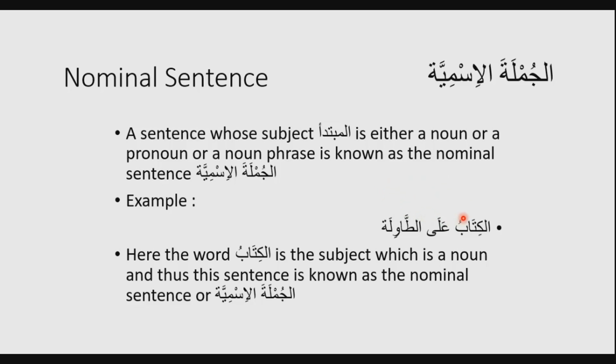So we understand better with an example. Al-kitabu tawila. So here the word al-kitab is the first word. This is the subject, because the subject is the first part of the sentence. So the subject over here is al-kitab, and al-kitab is a noun. So this is a nominal sentence. This nominal sentence is known as al-jumla al-ismiya.